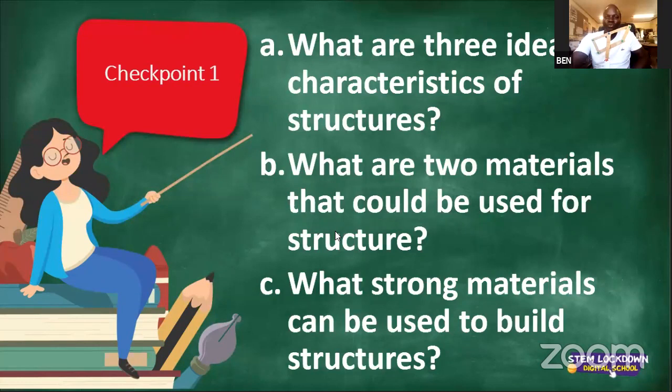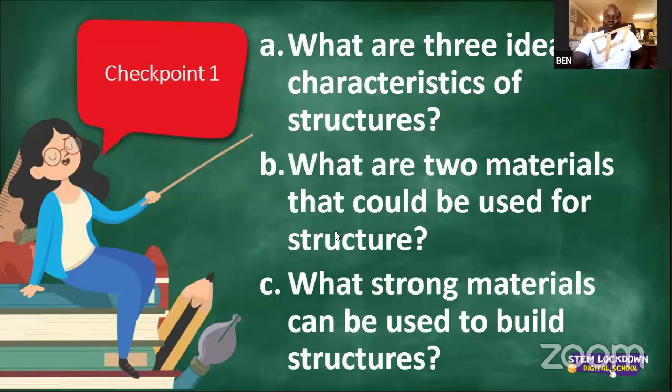I'm actually saying, what are the important things that the structures must have? Or how should the structures look like? I'm just trying to clarify the question. Yes, how should structures look like?